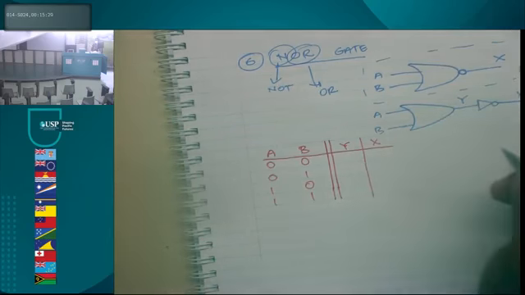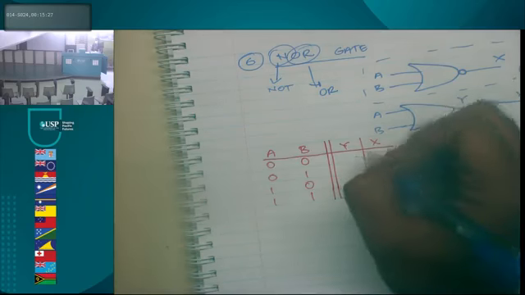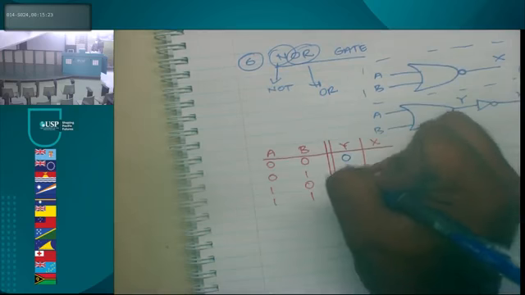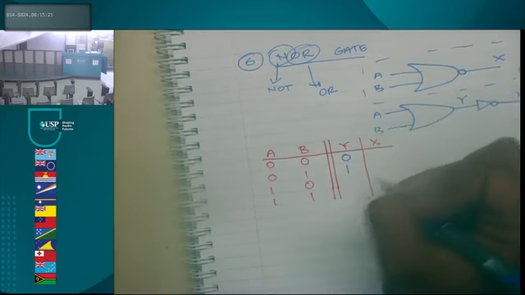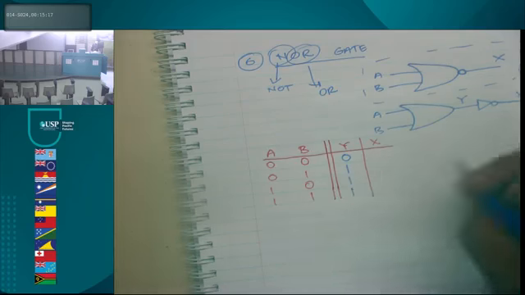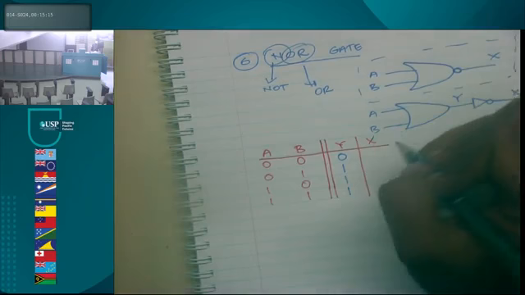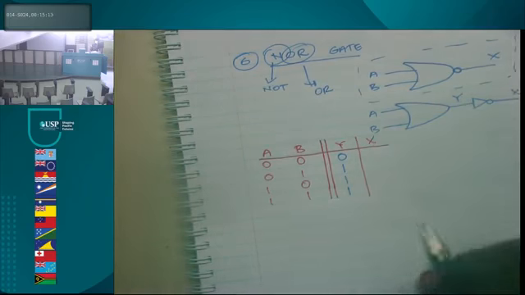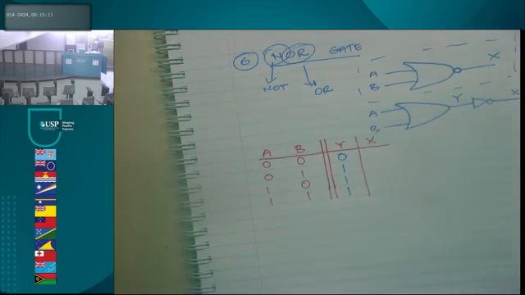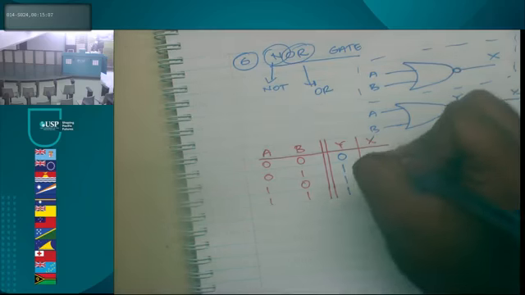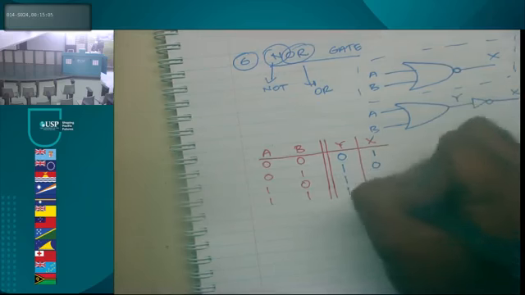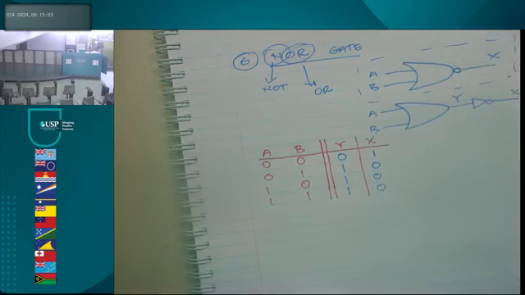Anybody? 0? Okay. 0, 1? 1. 1, 0? 1. What about 1, 1? Okay. So now, what I've just told you, it's a NOR gate, so NOT is just going to invert your output, okay? So all your zeros will become 1, and your 1s will become 0. Simple, eh?